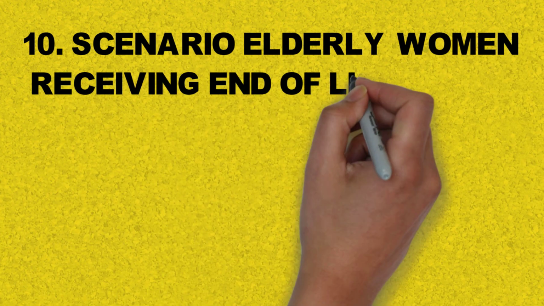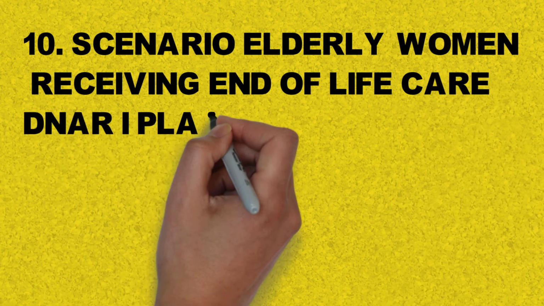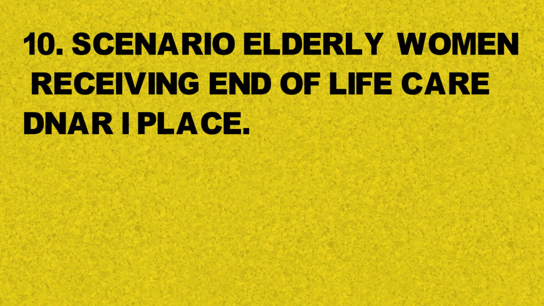The next station is a scenario of an elderly woman receiving end of life care, DNAR in place. There is a spelling mistake, I didn't write N. DNAR means do not resuscitate status. That means if that particular patient is at the end of their life, and if we do CPR for that patient, there won't be any good outcome.